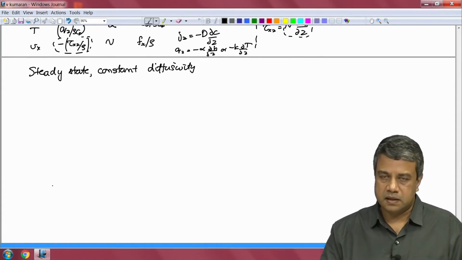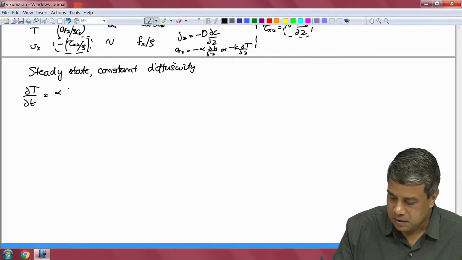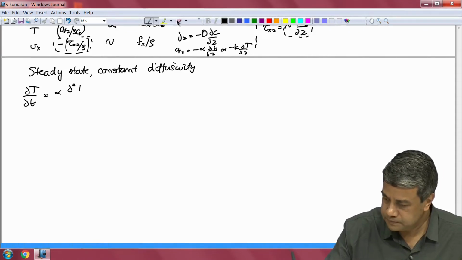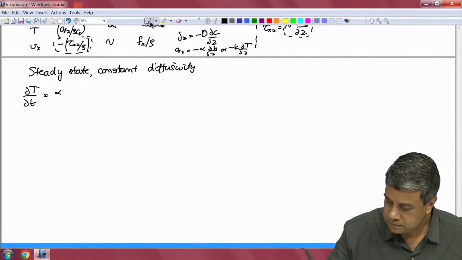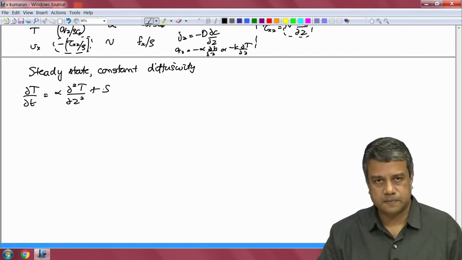If I take heat transfer as an example, the conservation equation was that partial T by partial t is equal to alpha partial squared T by partial z squared plus the source.